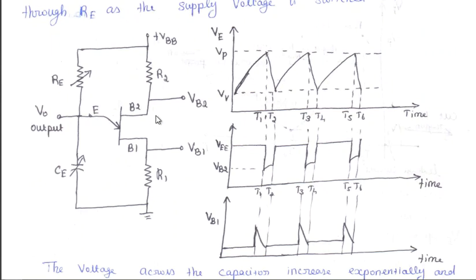CE is charging, and this waveform shows the charging and discharging period of CE. The voltage across the capacitor increases exponentially and reaches the peak point voltage VP. The UJT starts conducting and the capacitor discharges rapidly through EB1 and R1.